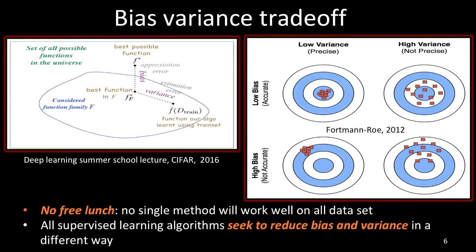If you don't have training data, you cannot even reach the best possible function that particular method can reach. So you need a good amount of data to reach the best possible function this particular method can reach, and that distance is variance. And the distance between that best function that a particular method can reach and the best possible function f that can model the given data is called bias.